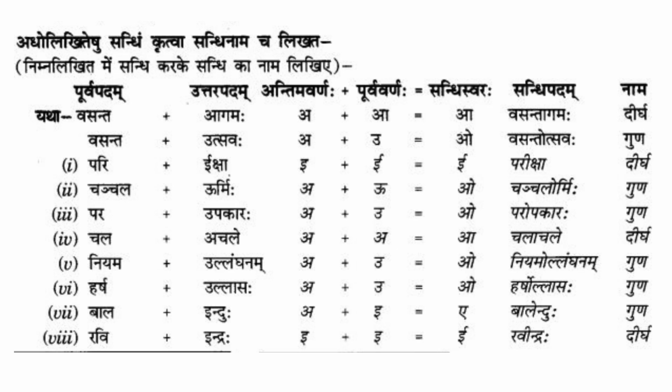Harshollasaha: when we write it as one word, ra goes on the o matra, not on the sha. This change happens wherever ra comes. Harshollasaha, gunasandhi. Bala plus induhu, balenduhu, the a matra is on la. Ravi plus indraha, ravindraha, it becomes dirgha, e matra, ravindraha.